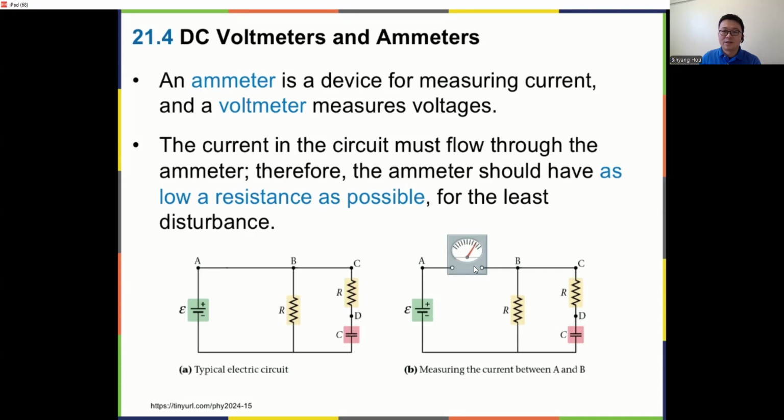There's a fuse inside to protect it from further damage. You can easily burn the fuse, and then you need to replace it before you can use it again. So be careful with ammeters when you are doing current readings.